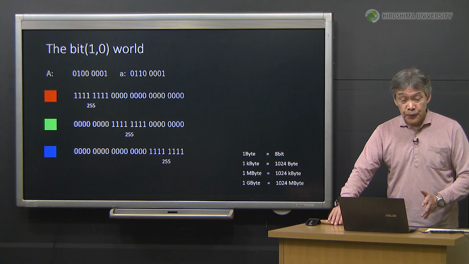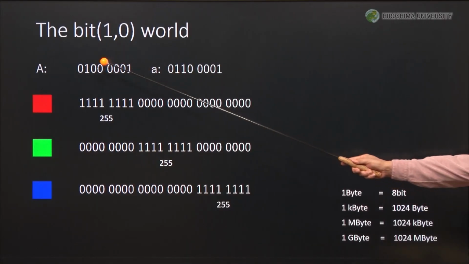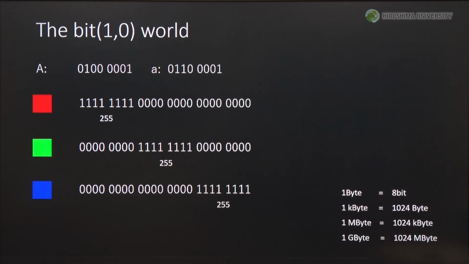For example, the letter A in 1-0 binary expression is 01000001, and the color red, actually on a Windows computer, is 111, 111, and 0.